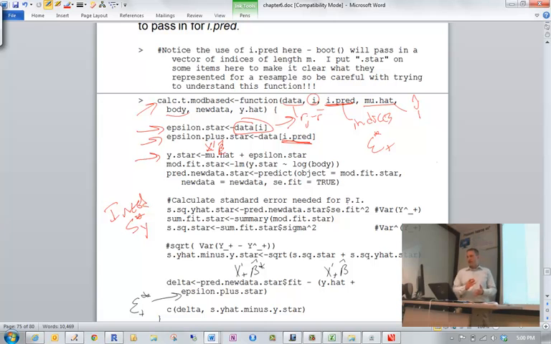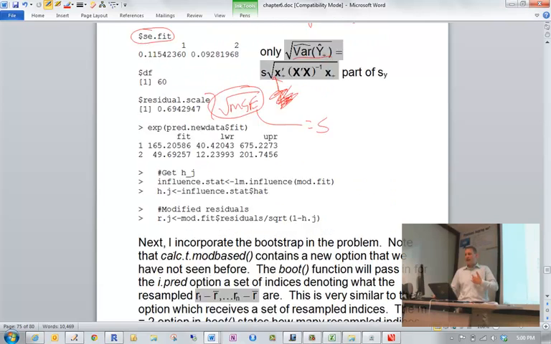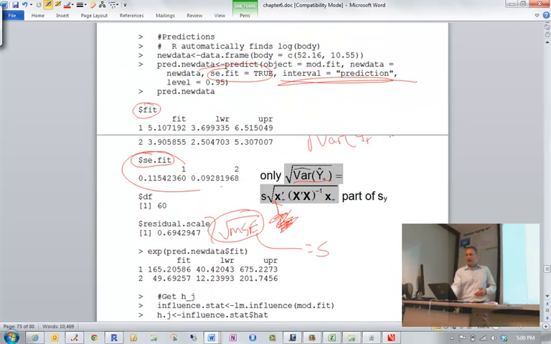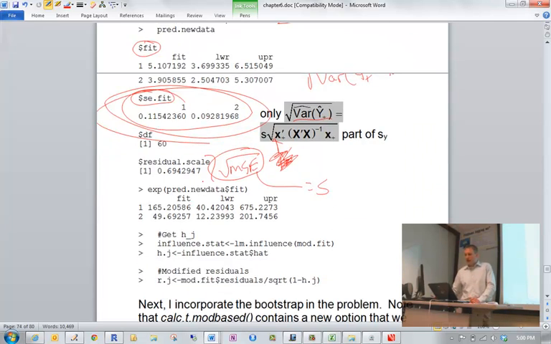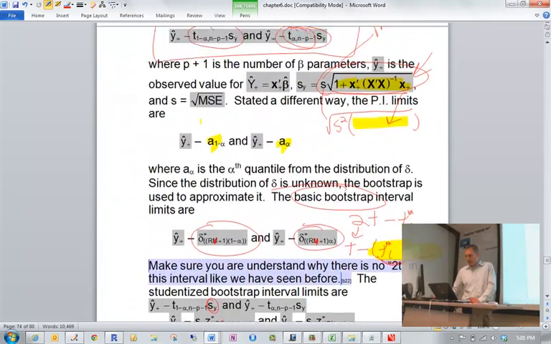Now remember that the sy that I need is not calculated by the predict function exactly.